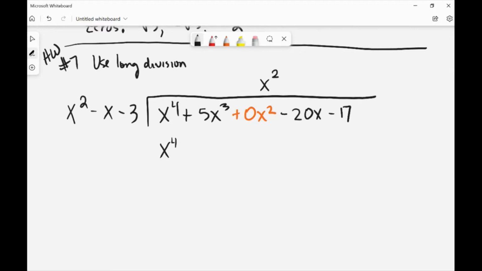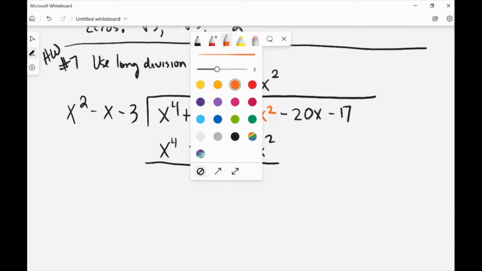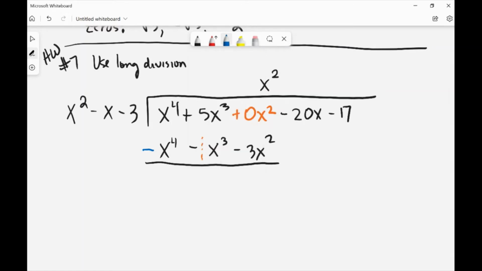Minus x to the third. Minus 3x squared. Don't forget, we got to do what now, everybody? Change the signs. So that's going to be minus, that's going to be a plus, that's going to be a plus. This cancels out. All right, what are we going to write now?